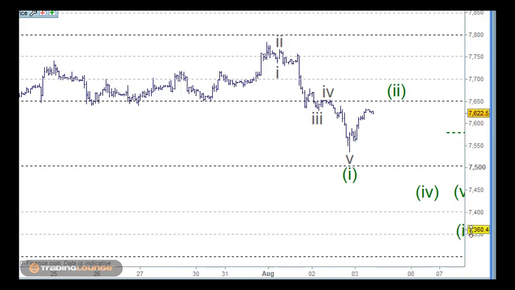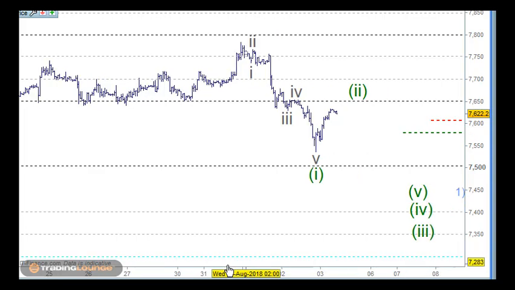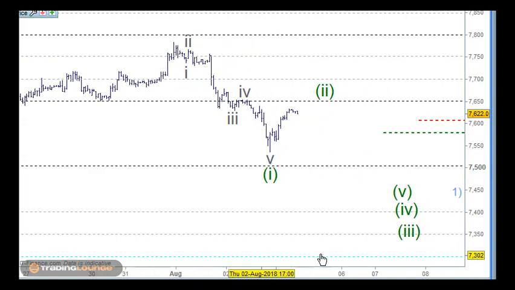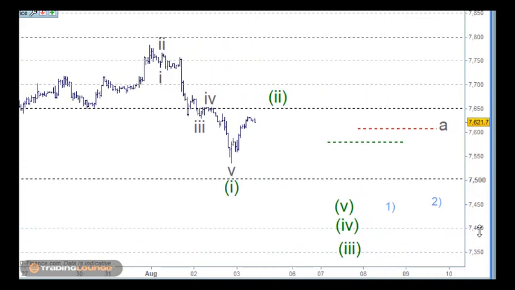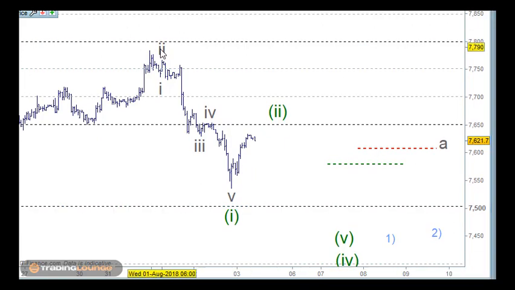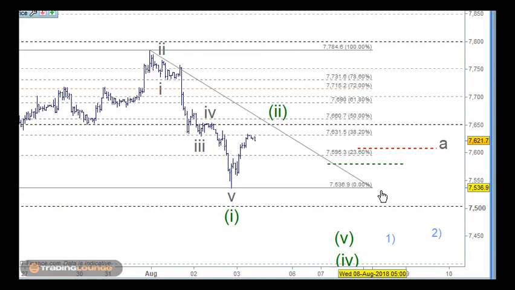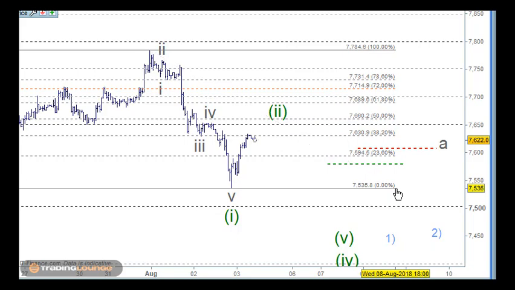Sorry about that. So we know that the resistance is just above this number here, but this is the number that we'll be looking at. This will be the important one here, even though it's a little bit higher here.